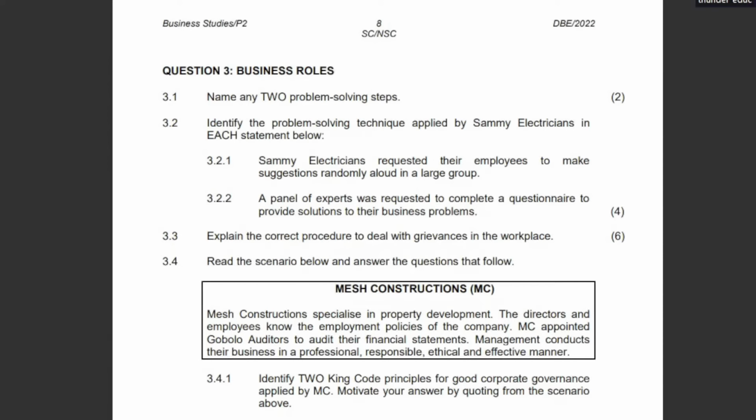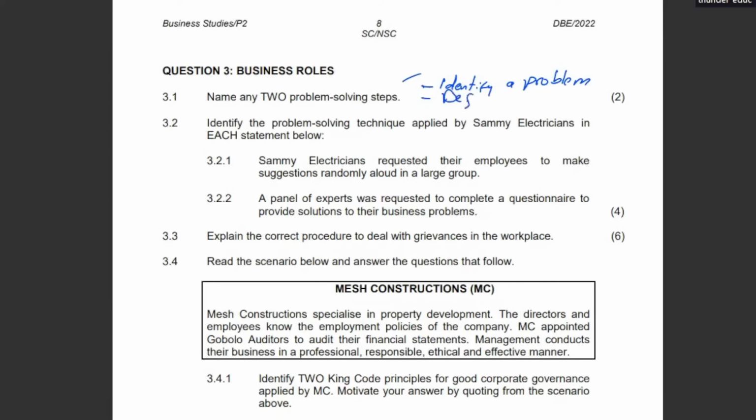Okay, so now since here the question only needs 2, we are going to give those 2 that are needed. We have identify: you must identify a problem.